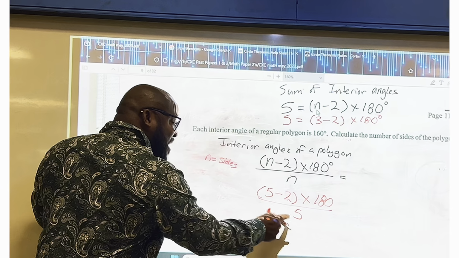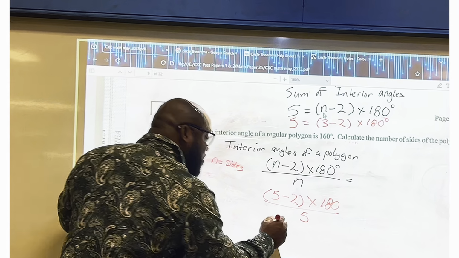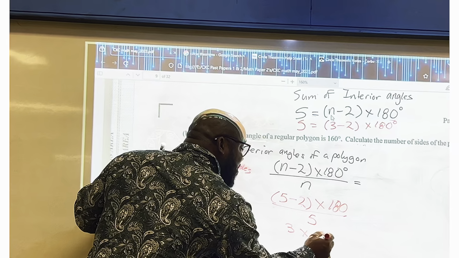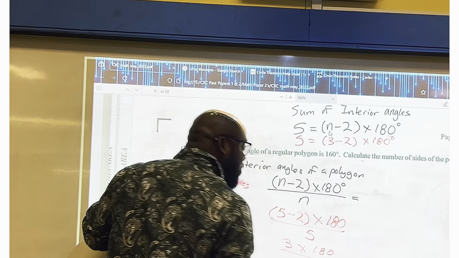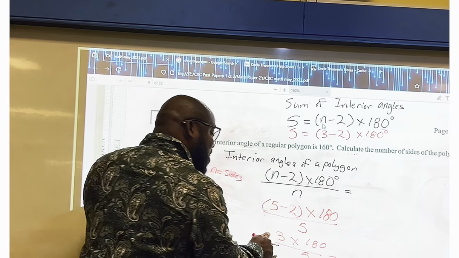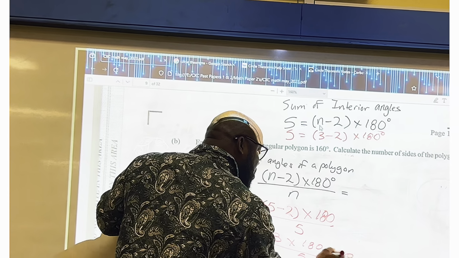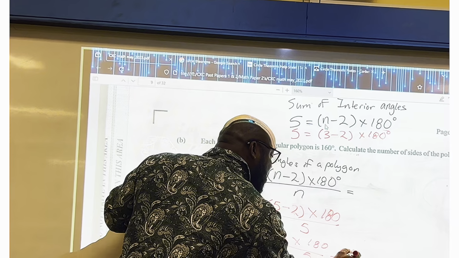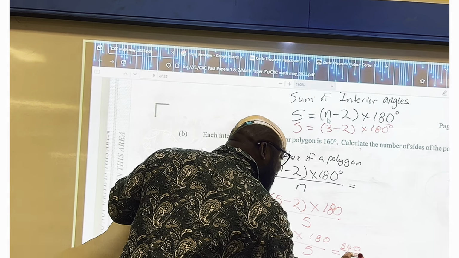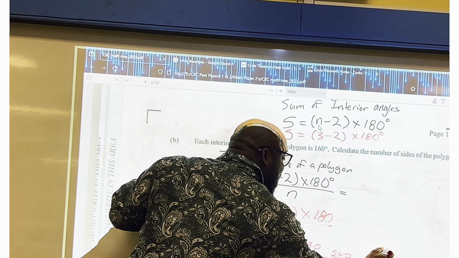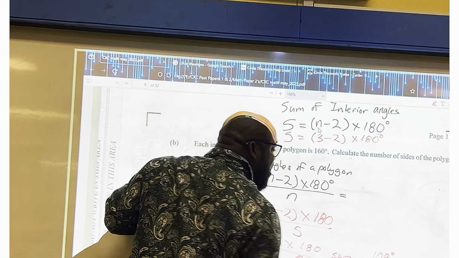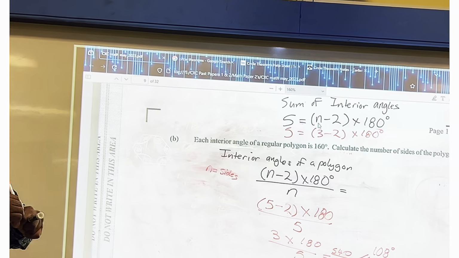So 5 sides. 5 take away 2 is what? 3. Somebody work out 3 times 180 for me quickly. 540, right? And 540 divided by 5 is 108 degrees. So you see that?